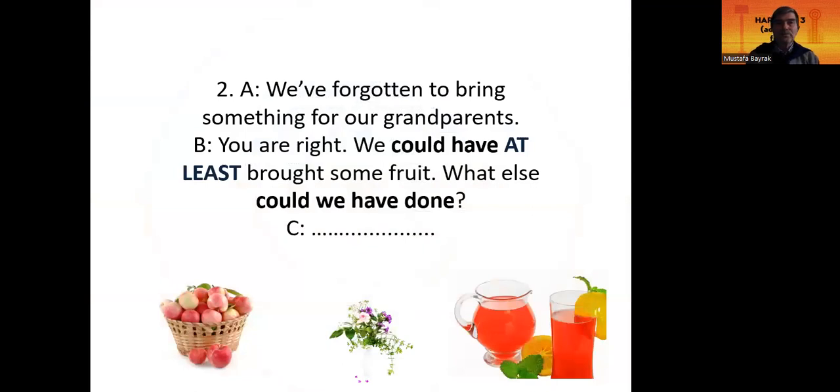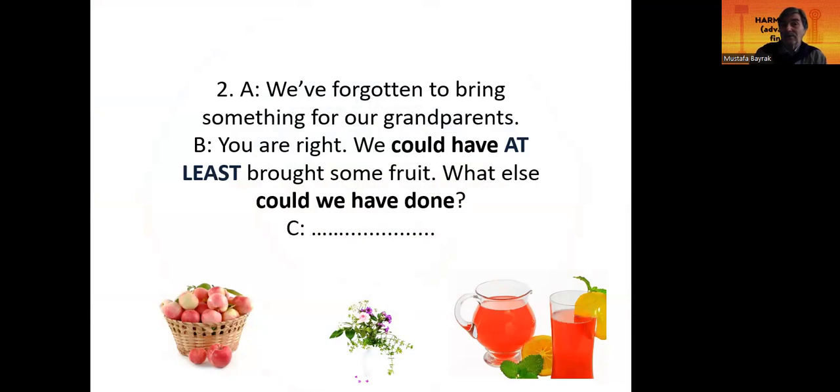Okay, dialogue 2. We've forgotten to bring something for our grandparents. You are right. We could have brought some fruit. This is self-criticism. The parents criticize themselves.